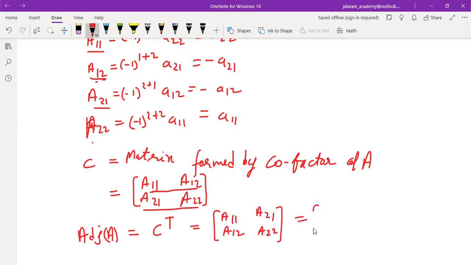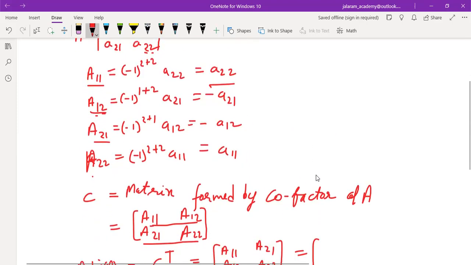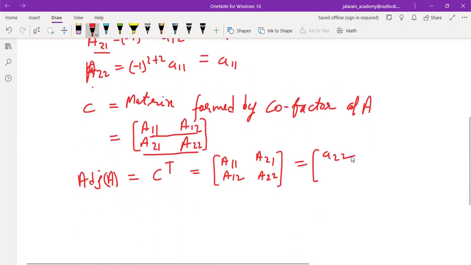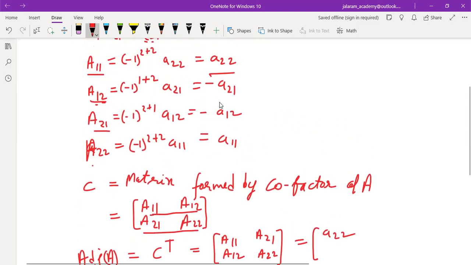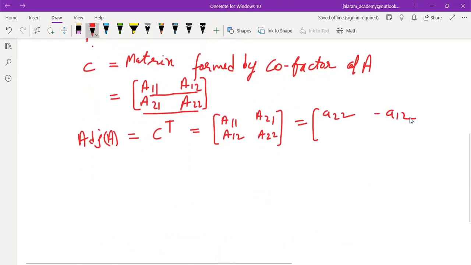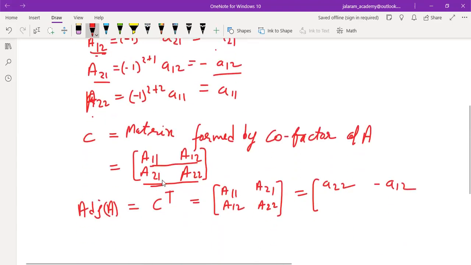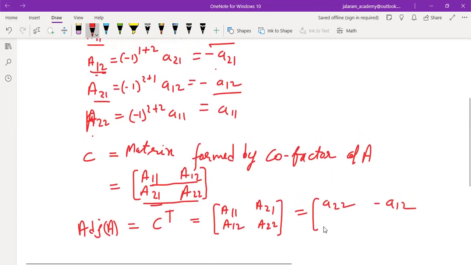Now if we write their values, A11 means small a22. A21 means minus a12.